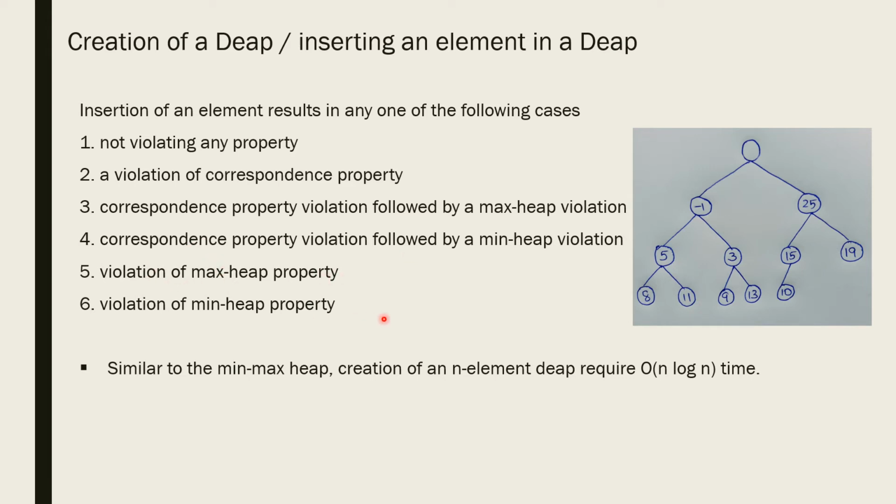I've just stated it here, and I'll explain it with an example so that it will be clearer. And one thing: similar to the min heap, the creation of an n element deap requires order of n log n time. Just keep that in mind.